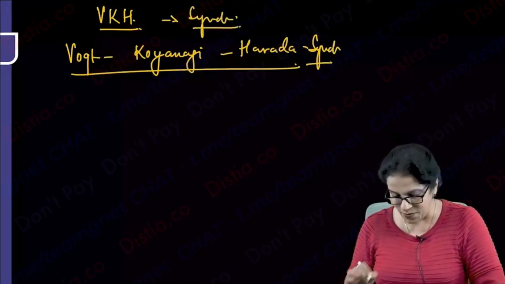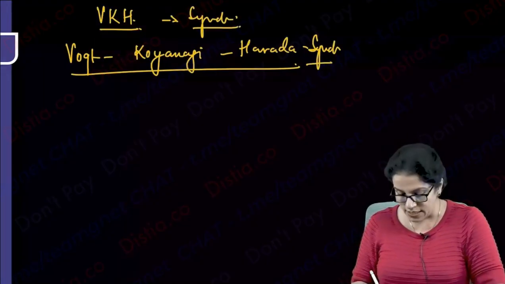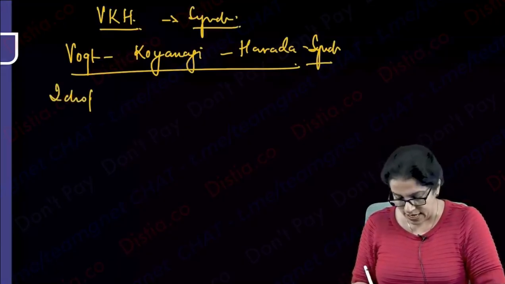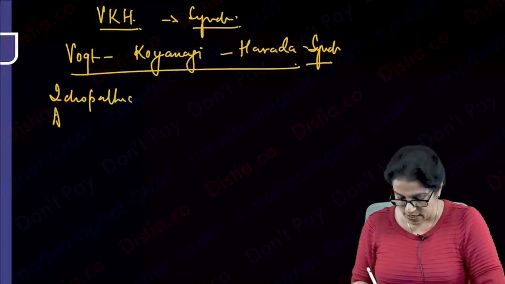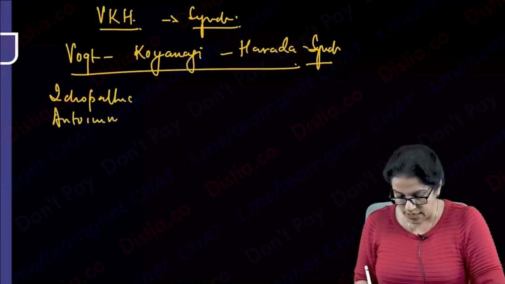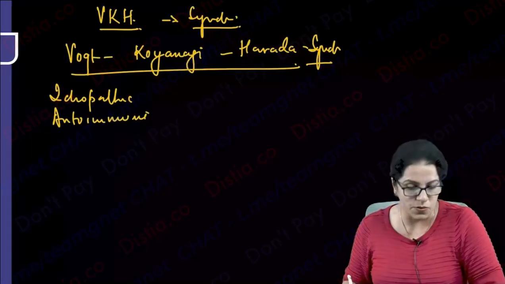Now, what is this VKH syndrome? This is nothing but an idiopathic and autoimmune disease, okay? And the autoimmunity is towards the melanin containing tissues.